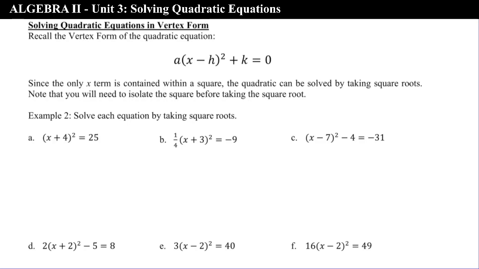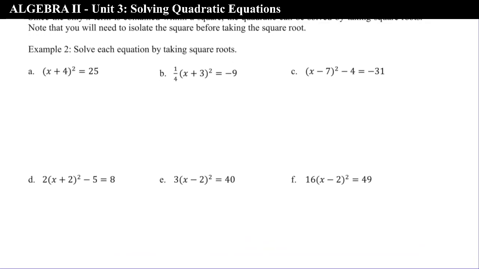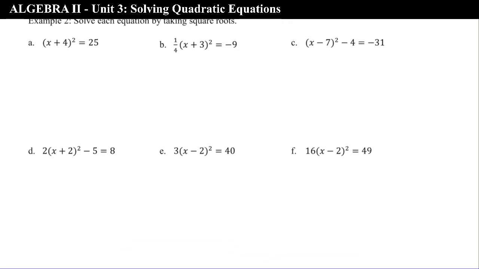So since the only x is within something that's squared, then we can use taking the square roots to isolate our x. So let's do some examples of that. Okay, if you're given vertex form, then taking the square roots is going to be a good method for solving these.